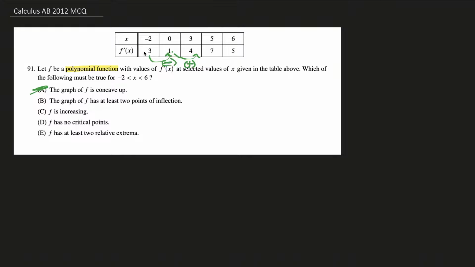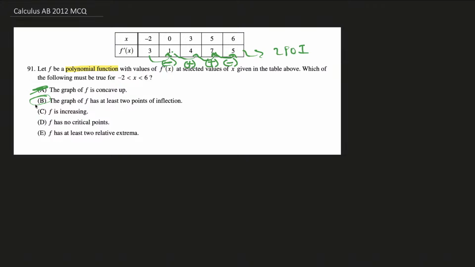This indicates that between 3 to 4, there must have been a point of inflection. Similarly here, we increase, and here we decrease. This indicates that there must have been some slope of the f prime of x graph where the slope was negative to establish this decrease. This indicates, again, there are 2 points of inflection because the sign must have changed.